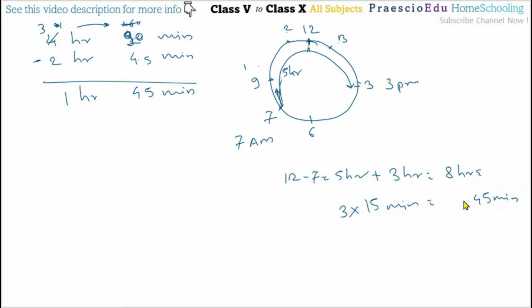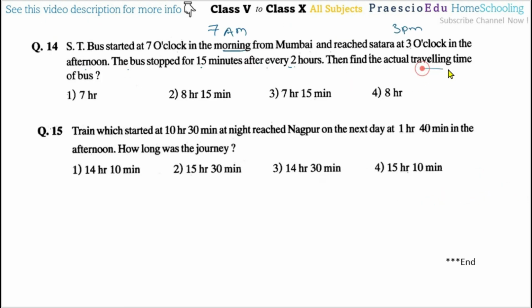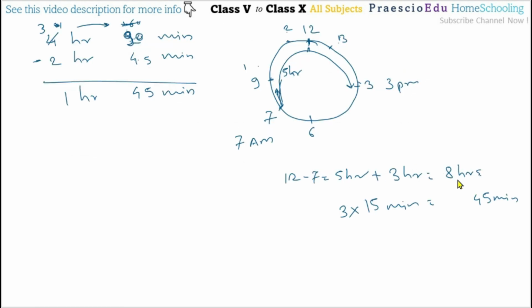So that is the stop time, but we have to calculate the traveling time. This is the total time, and from it we have to deduct the stop time, the holding time.